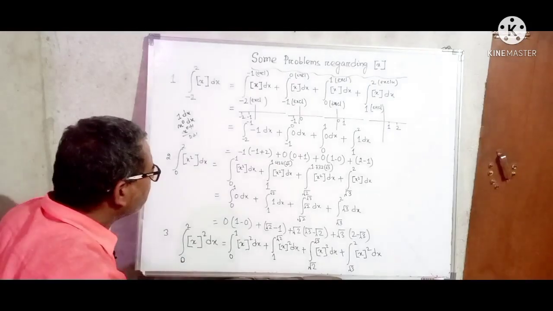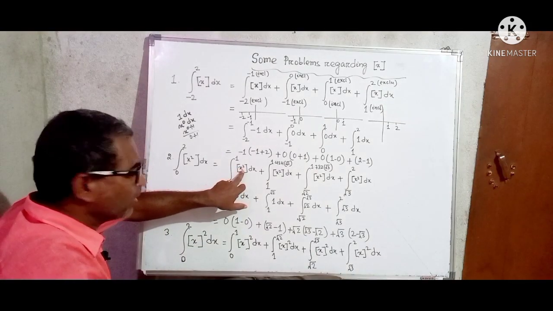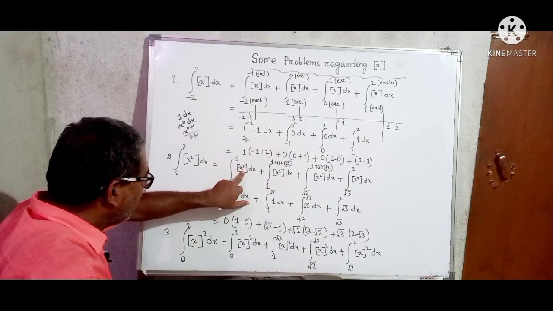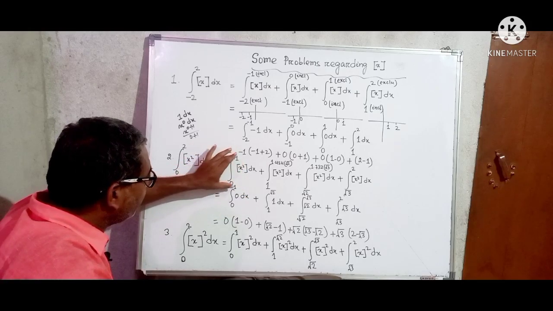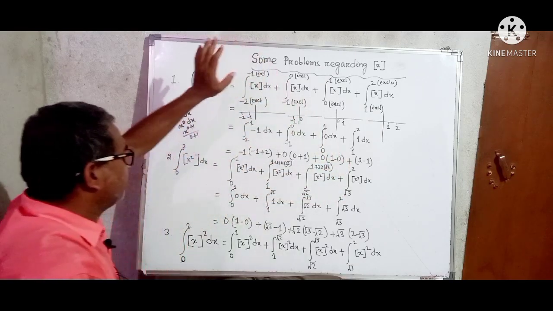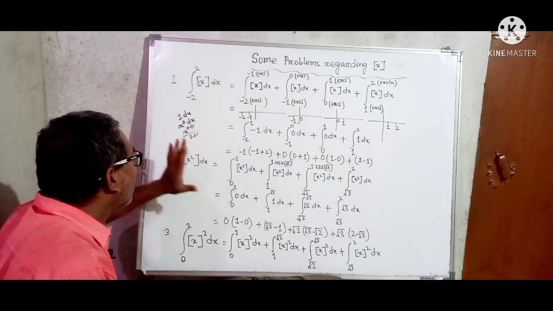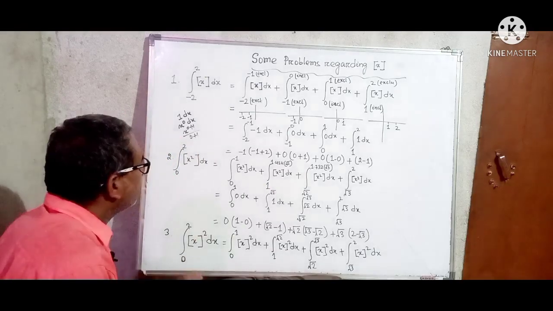Why? Because the value of x square is continuous in these intervals. That is why I have resolved the intervals.